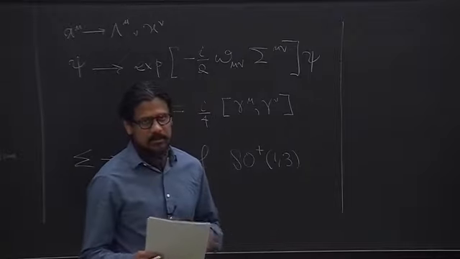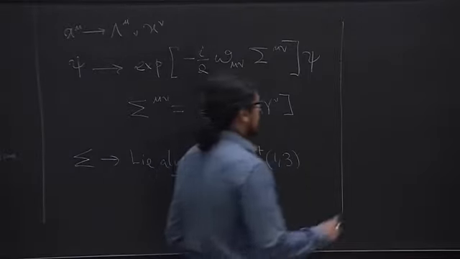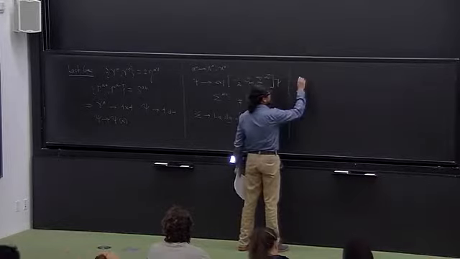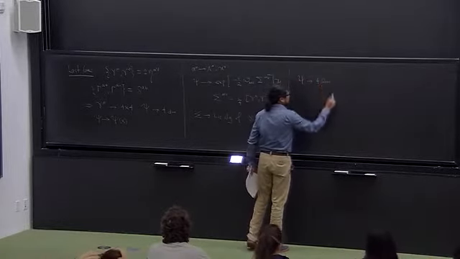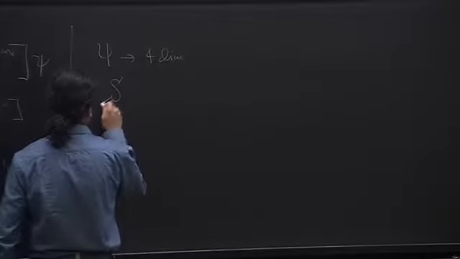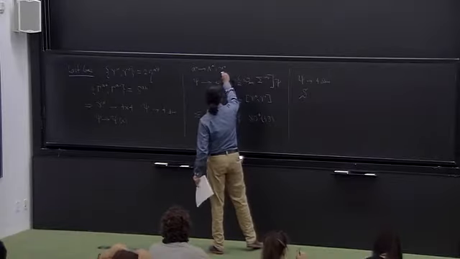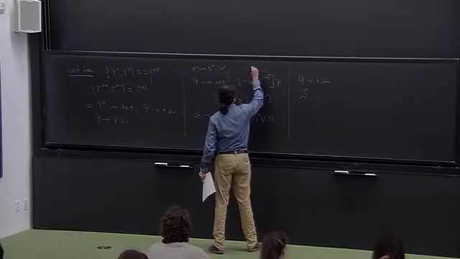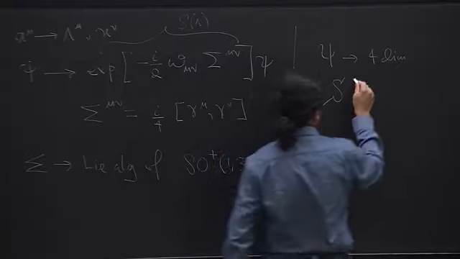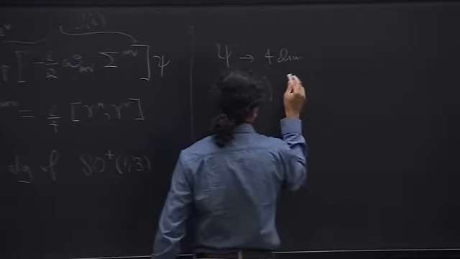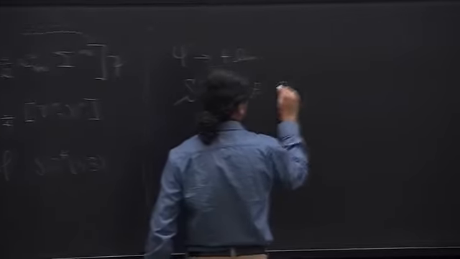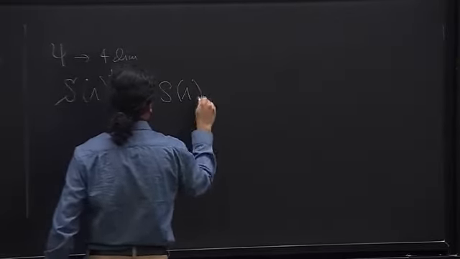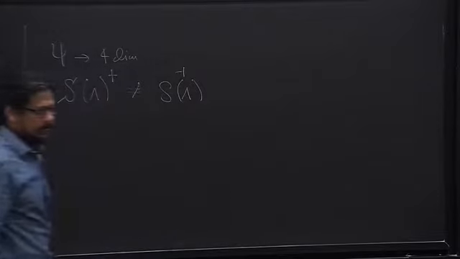Based on this theorem, we concluded that because the Dirac representation is 4-dimensional, it cannot be a unitary representation. And that's reflected in the fact that these S matrices, S lambda, are not unitary. So if you take the dagger of this, it is not equal to its inverse. Okay?